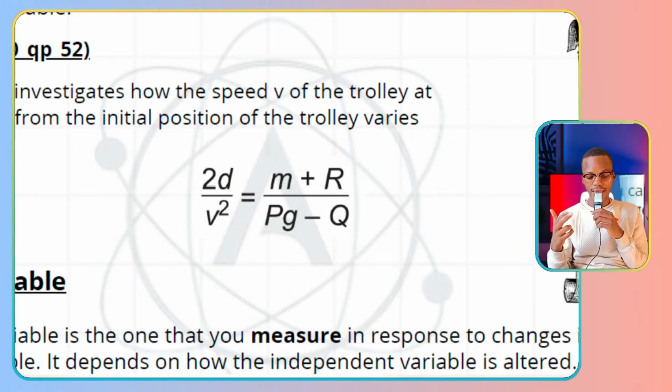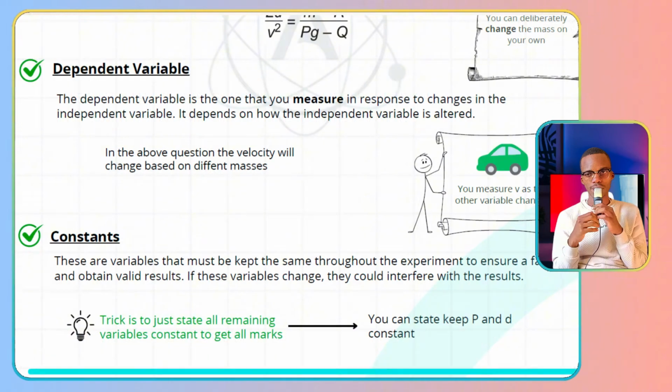We had d, v, m, R, P, g, Q. Some were already told to be constants. But you can see that in this experiment, d and P are variables we didn't talk about, right? We're supposed to then include them. We can just put them down and say, I can keep P and d constant. So it's much easier nowadays because the variables that are kept constant will actually appear in the equation itself.